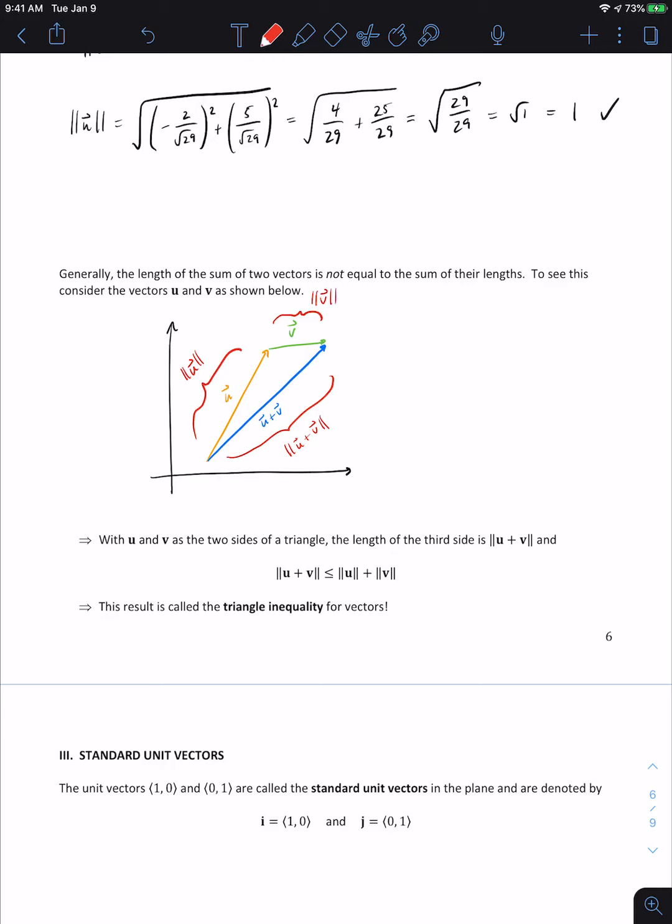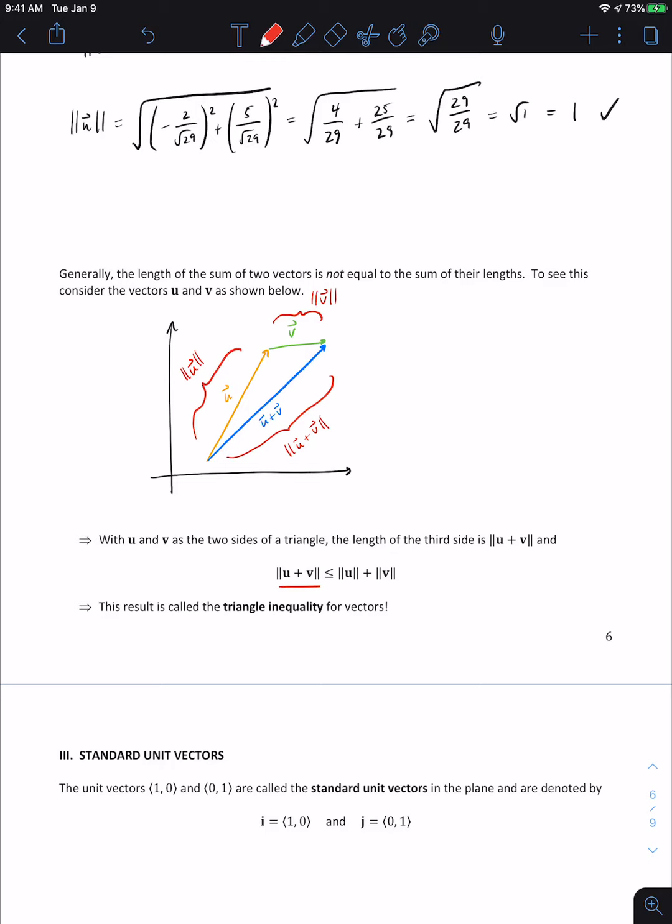So the claim here is that the distance traveled going over the blue, which is the magnitude of u plus v, is less than or equal to the distance traveled if I traveled up orange and over green, right? If I walked up u and over v, that would be a longer distance to walk than just walking the blue, right? The quickest way from point A to point B is walking a straight line, right?